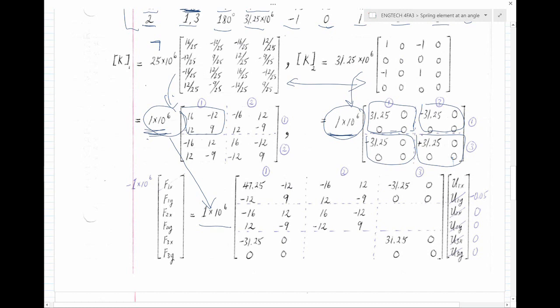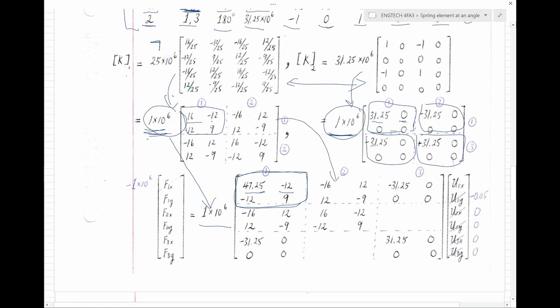For these four entries, 47.25 is contributed by 16 plus 31.25. Negative 12 is basically negative 12 plus 0 here. We do the same thing for the second node. We bring it down right here.